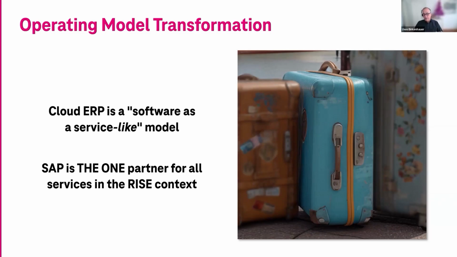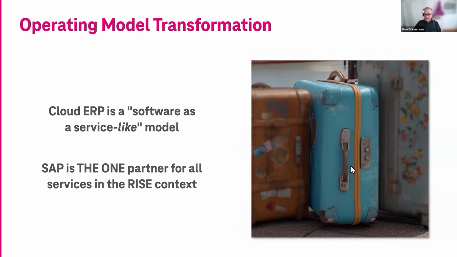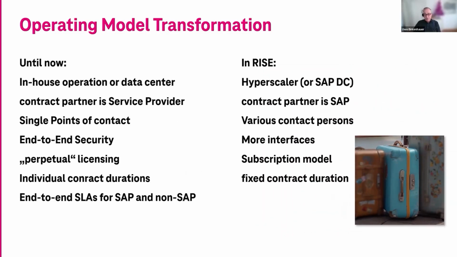So this changes the operation approach that you had with your old systems. And the big thing is SAP is the only partner for services in the Cloud ERP in the RISE context. So you don't have any other providers running your RISE with SAP systems, which from an SAP point of view reduces complexity, but from an enterprise point of view increases complexity, because usually you don't only have SAP systems, you have other systems as well, non-SAP systems that are also managed by someone.